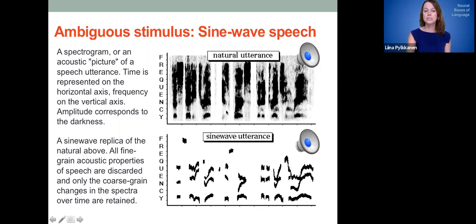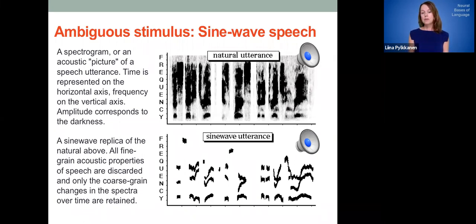So now here, what I'm showing is the two spectrograms corresponding to these sounds. So again, on the x-axis we have time, on the y-axis we have frequency. The darkness of the plot shows how much power we have at each of those frequencies.